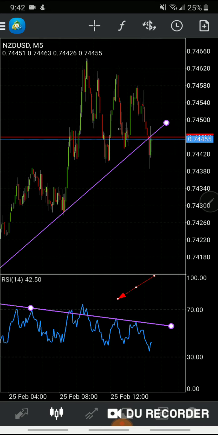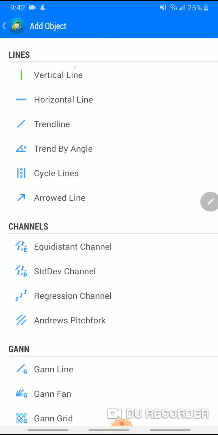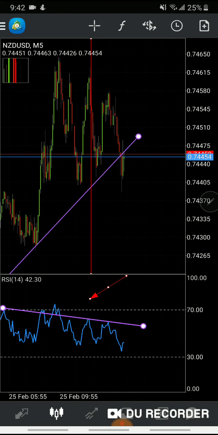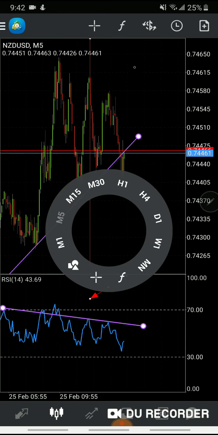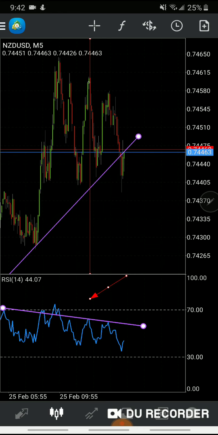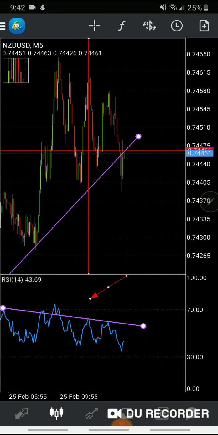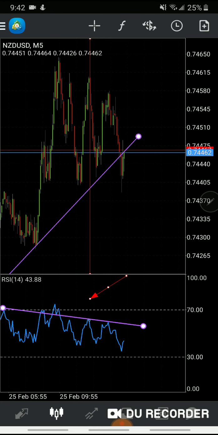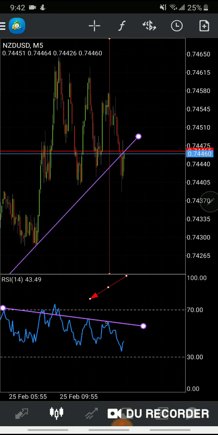Let me get a horizontal line. I'm going to place it here. So I saw in this area that it came back up and it's going down. Where would my exit have been? In this area here. And then I did it again when I saw price came back up to my line, and my exit would have been in this area here.